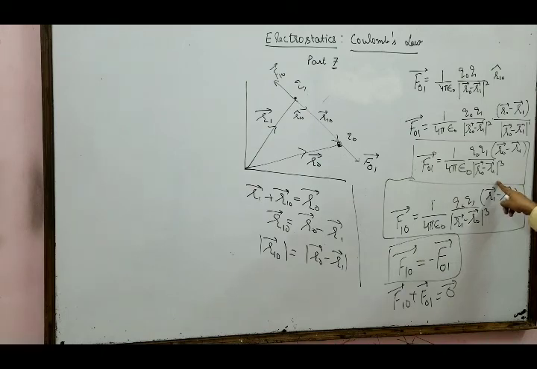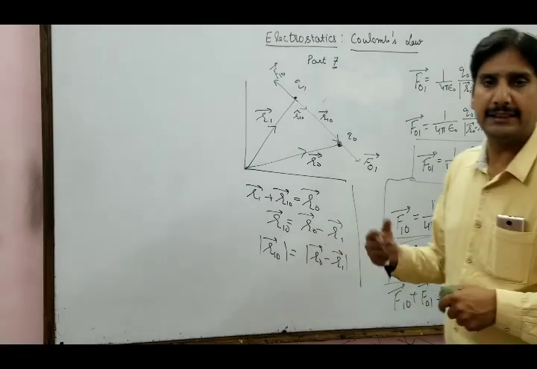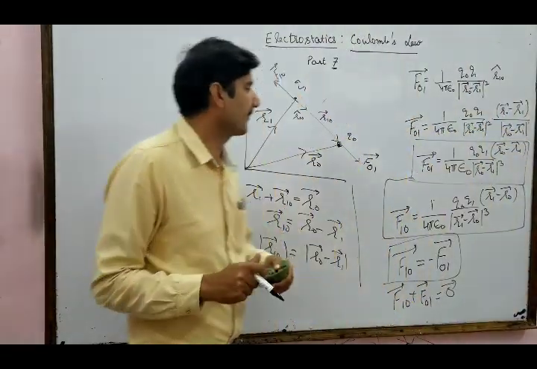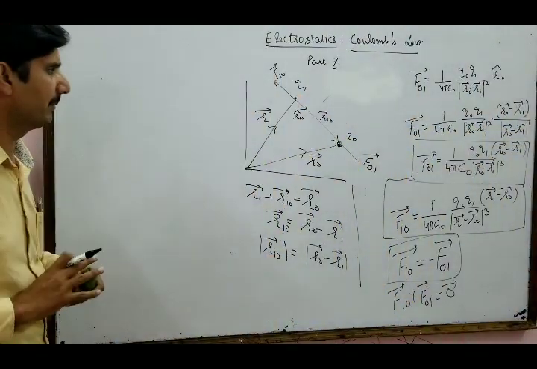So if I am calculating force on Q1 due to Q2, I will write R1 minus R2, and if I am calculating force on Q2 due to Q1, I will write R2 minus R1. This is going to be helpful in coming questions. Just keep this in mind.